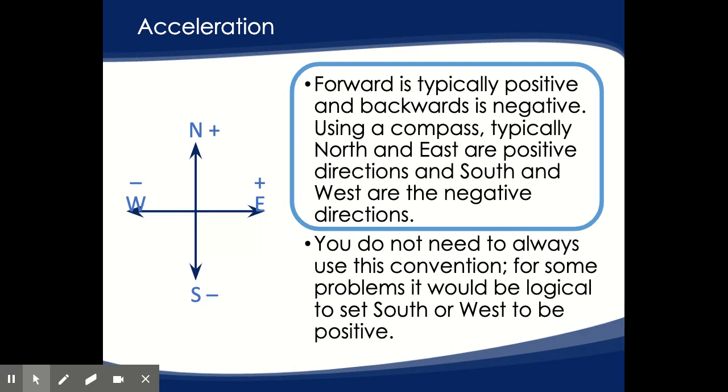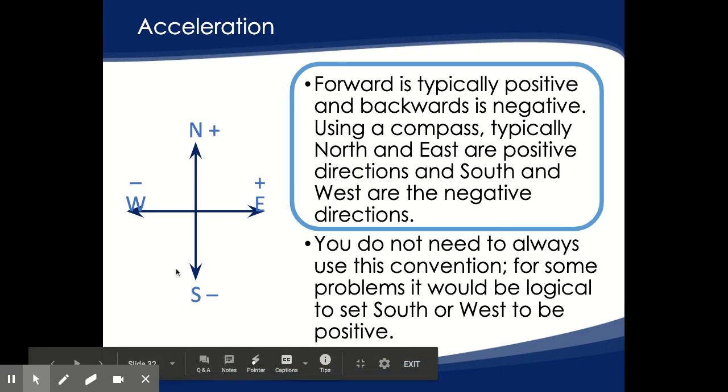That being said, there's a pattern that's usually followed. Anything moving in a forward direction is usually a positive number, and backwards will be negative. For directional notations, north and east are usually your positive directions, and south and west are typically your negative directions.